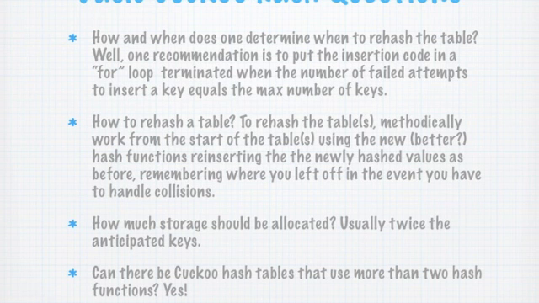How do you rehash a table? I really didn't find a direct answer for that, but the answers I did find were rather simple. You just start at the beginning of the table using your new hash functions, generate a new location and put that key in that new location.